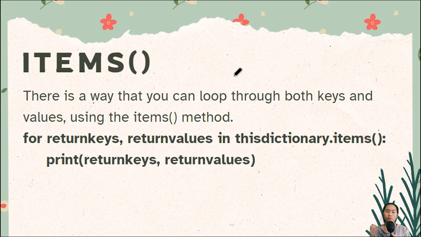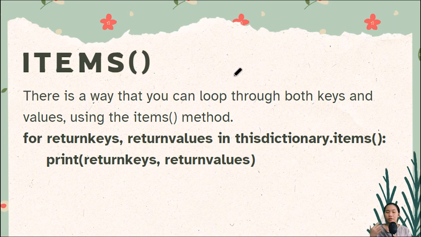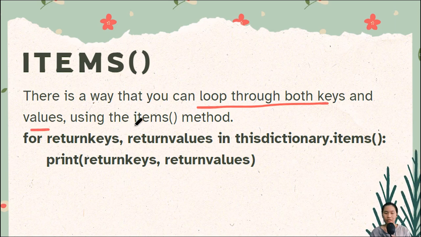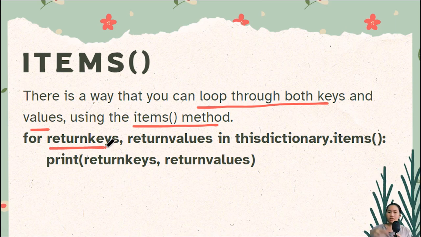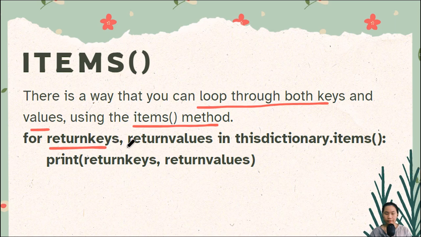Now, what if you don't want just one? You don't want just values or just keys, but you want both as a pair. You can use items. Befittingly, there is a way you can loop through both keys and values using the items method. For return keys, the keys go first and then the value goes second.